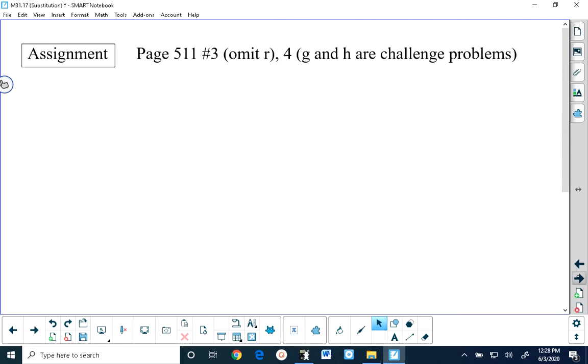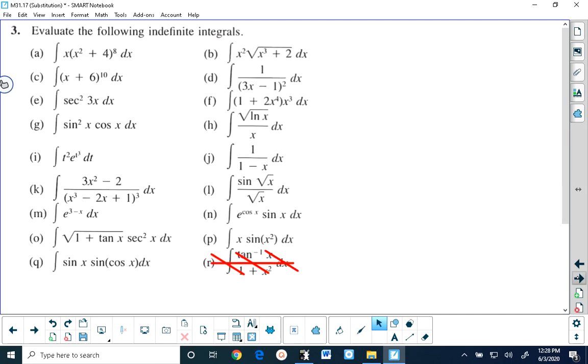So on page 511, question 3, do not do R, and then 4, G, and H in question 4 are challenge problems. But before we finish this off, I want to show you something. If you take a look at some of these, I don't think they require substitution.